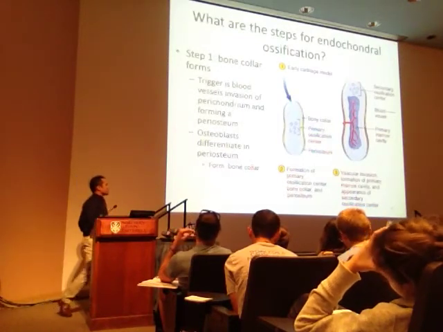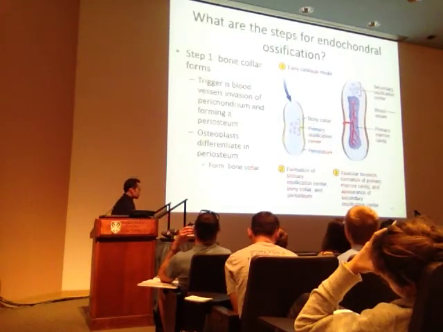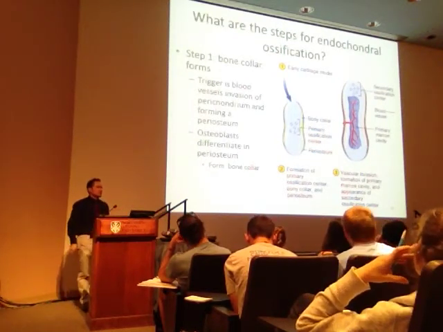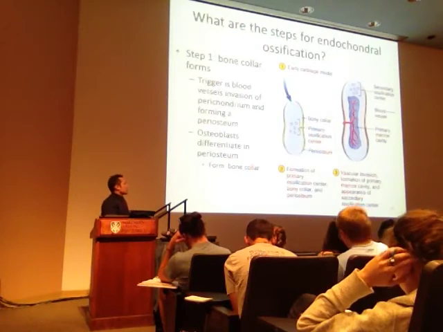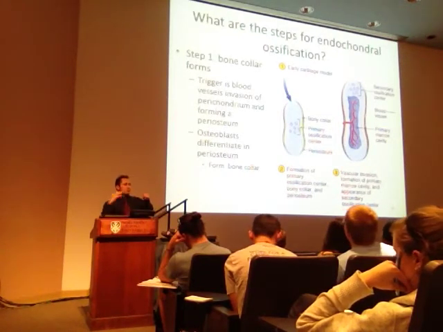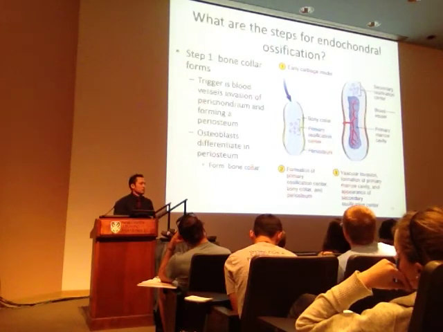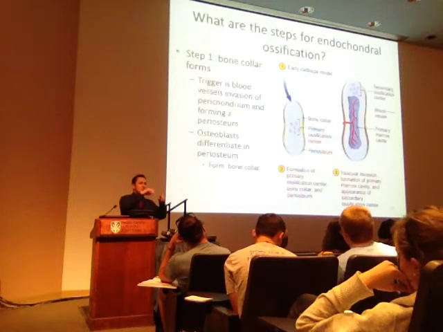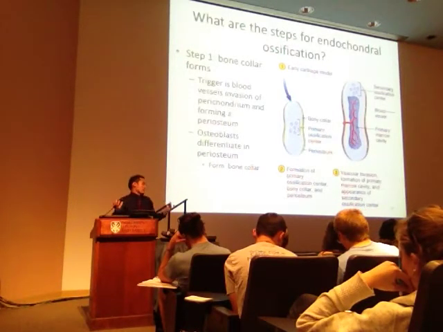So the trigger for the bone collar to form is the invasion by blood vessels into the perichondrium. So the perichondrium is the template surrounding the cartilage. As soon as a blood vessel, which you know cartilage doesn't usually have blood vessels, remember? As soon as a blood vessel enters, it sort of triggers it to say, okay, we're not going to be cartilage anymore.